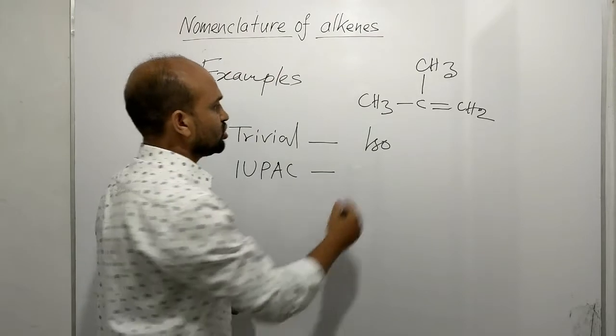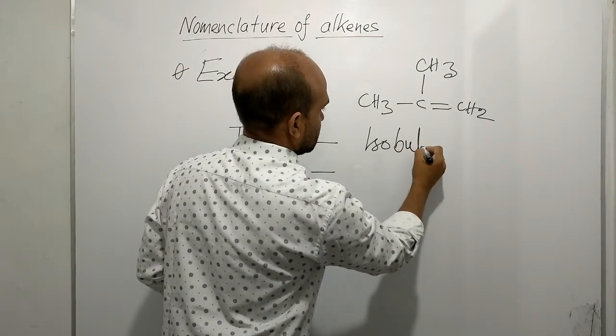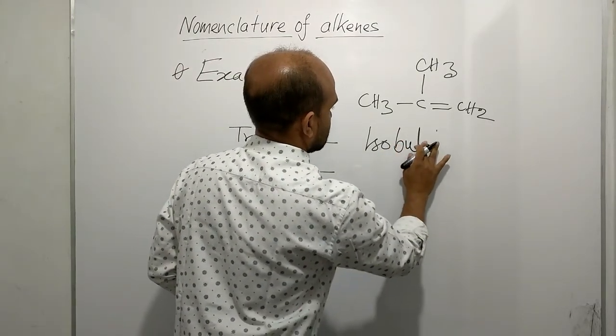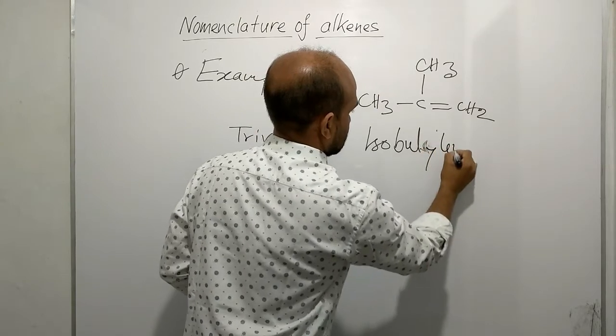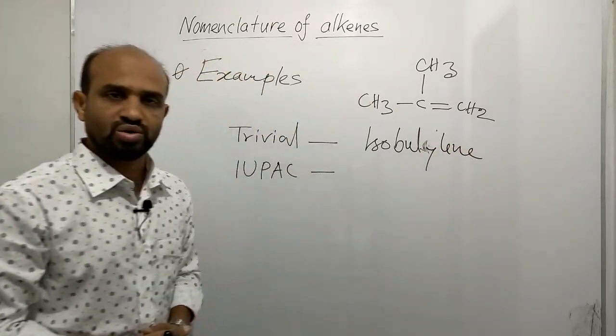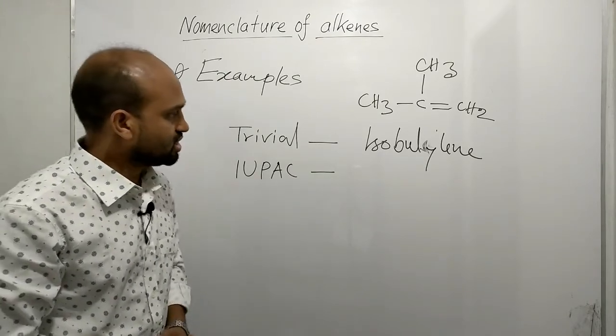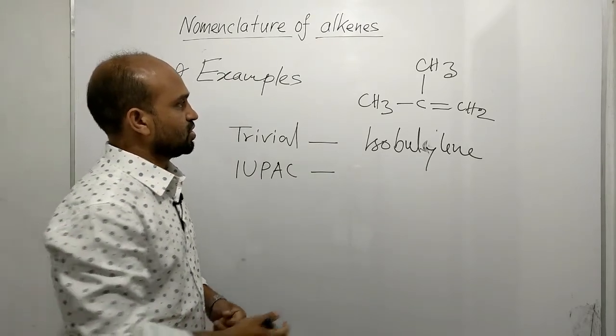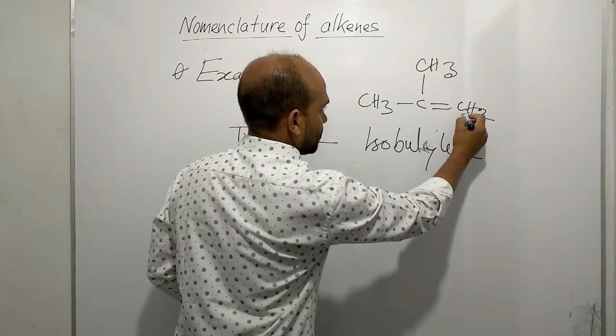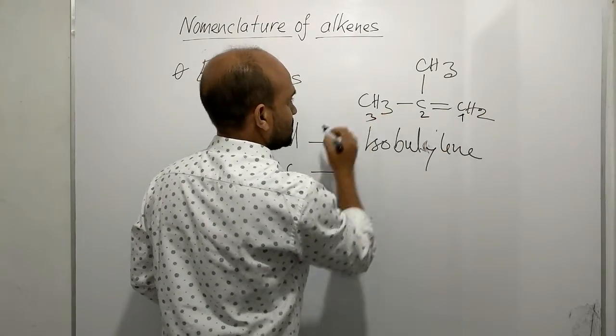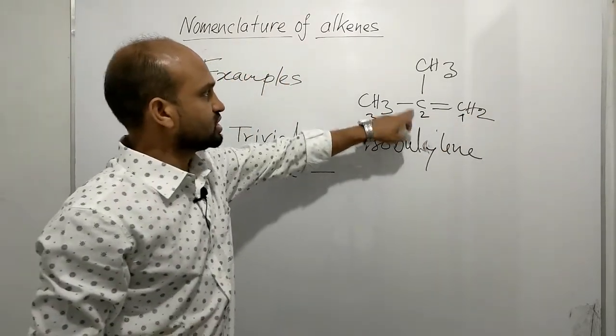So isobutylene. Isobutylene. And according to IUPAC system, its name will be, first of all, carbon atoms are numbered 1, 2, 3, and at 2 there is a methyl group.